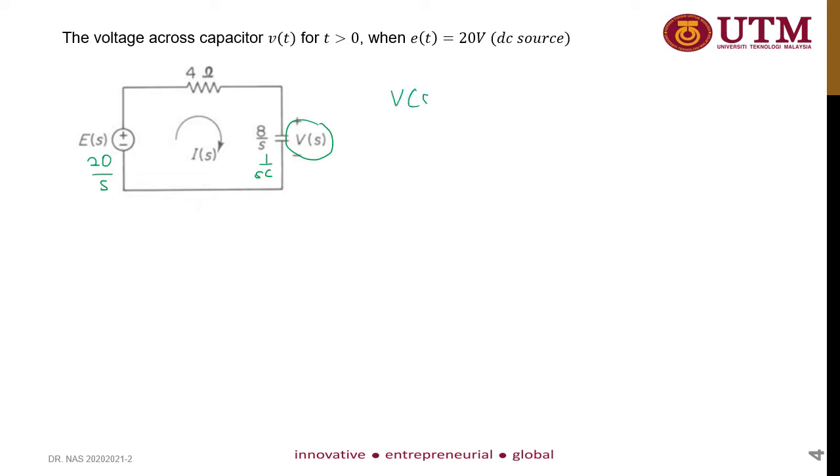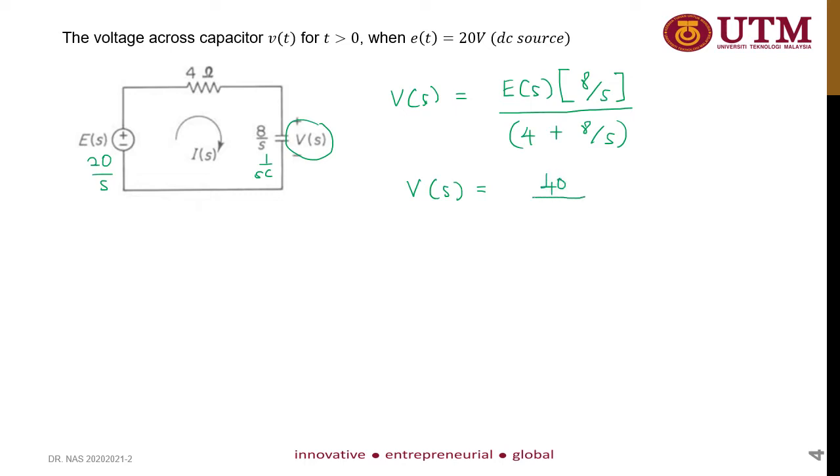So V(s) is equivalent to E(s) multiplied with 8 over S divided by the total impedance 4 plus 8 over S. You can simplify the equation, and V(s) is equal to 40 divided by S plus 2. So what is your E(s)? E(s) is 20 over S, so you can replace your E(s) value here.